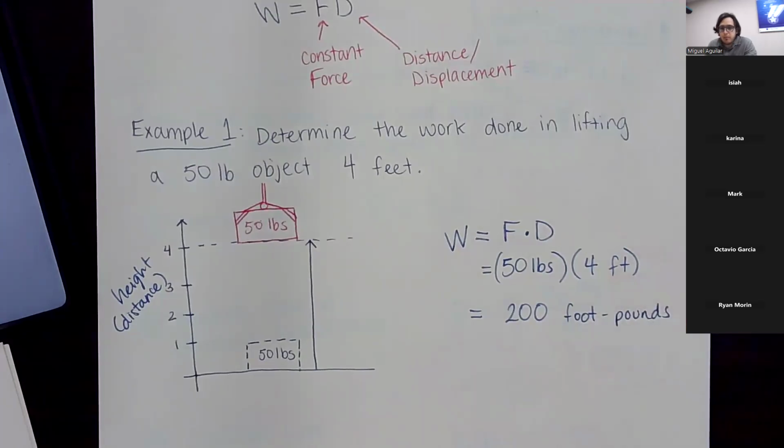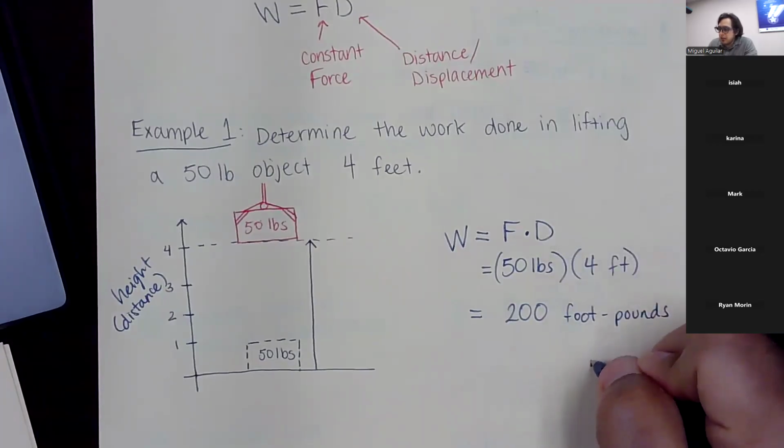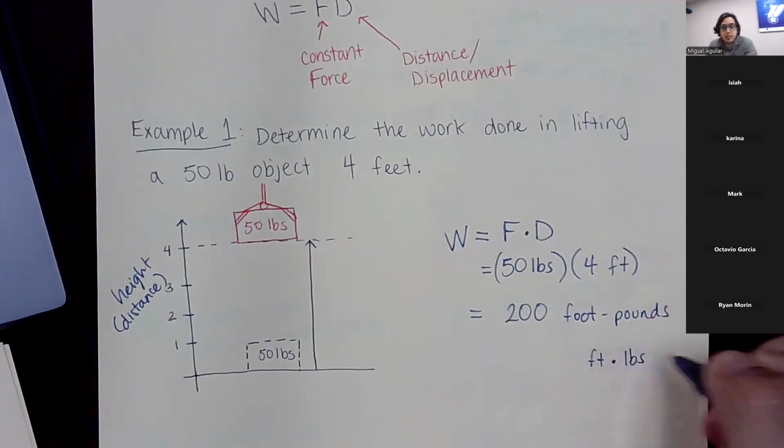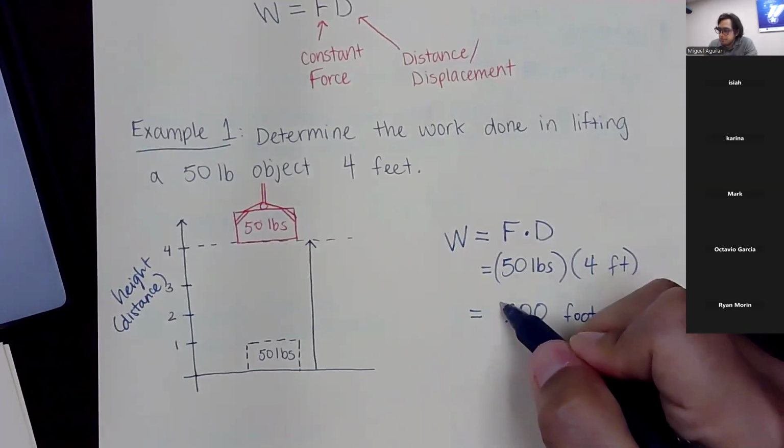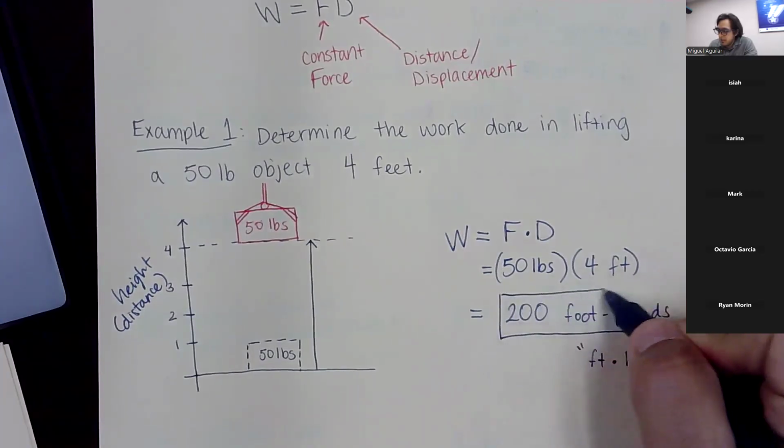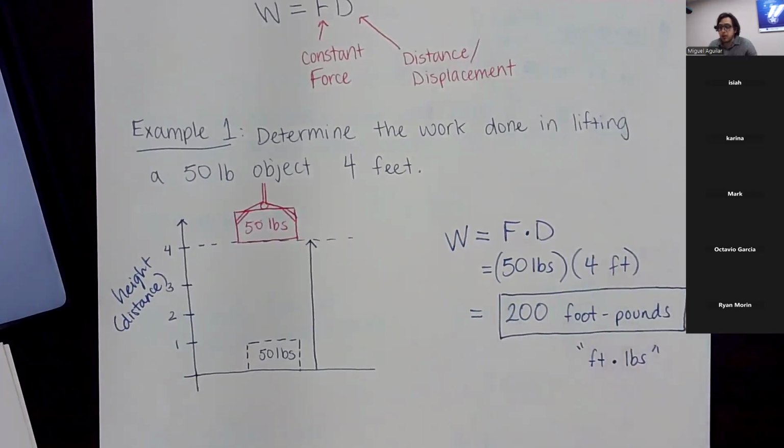So you can think of that as literally feet times pounds. And that's it. That is the work that's required to move that object up 4 feet. Any questions, comments there? That seemed super easy, right?